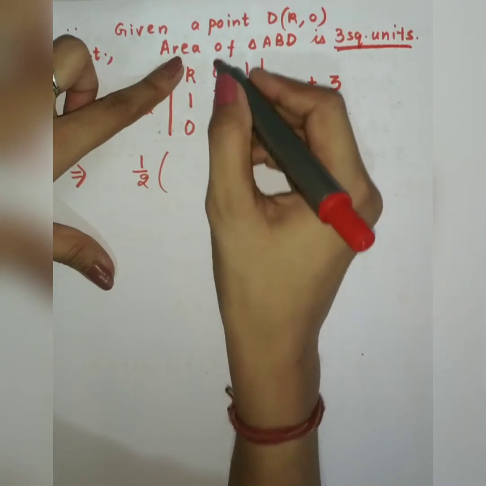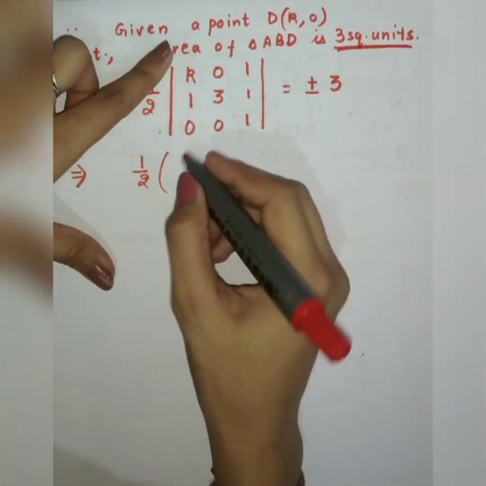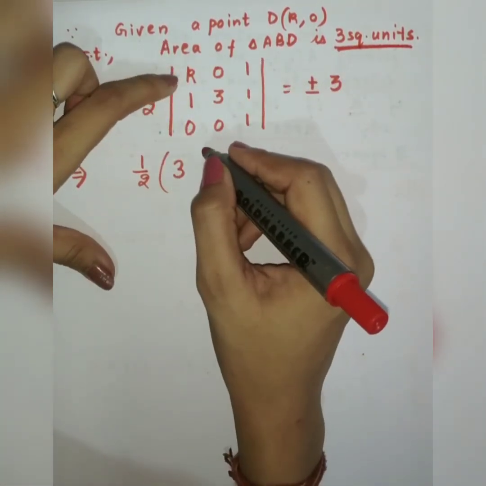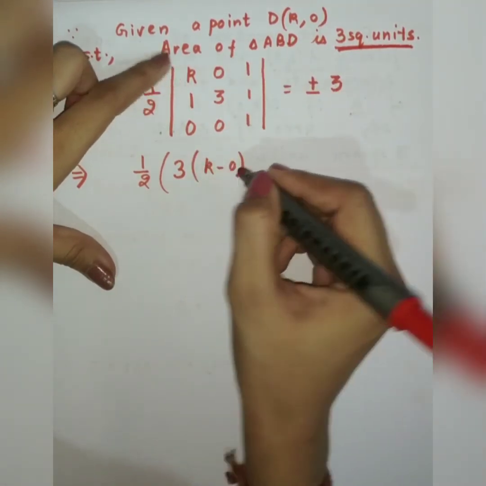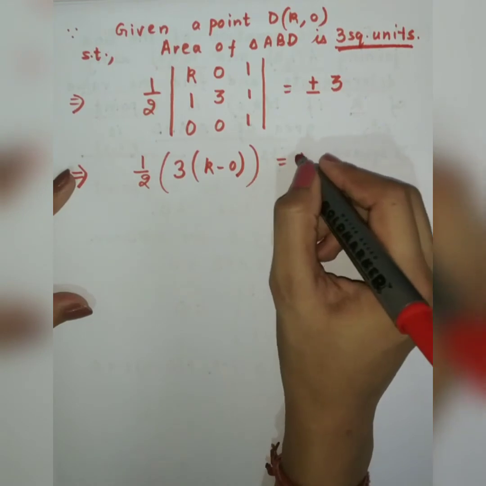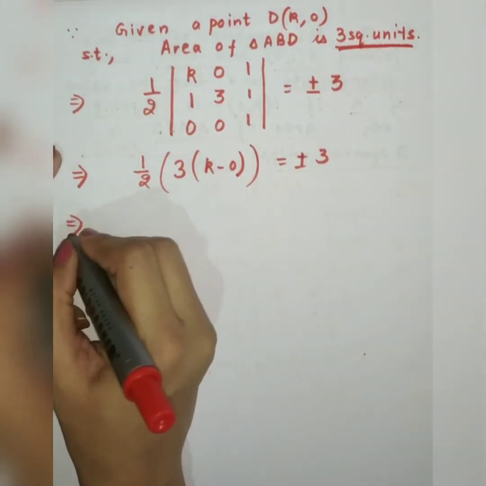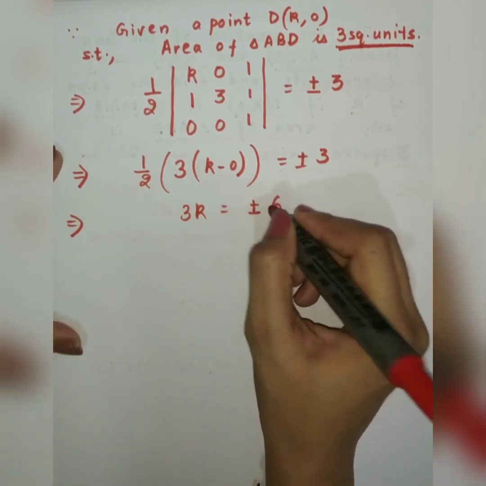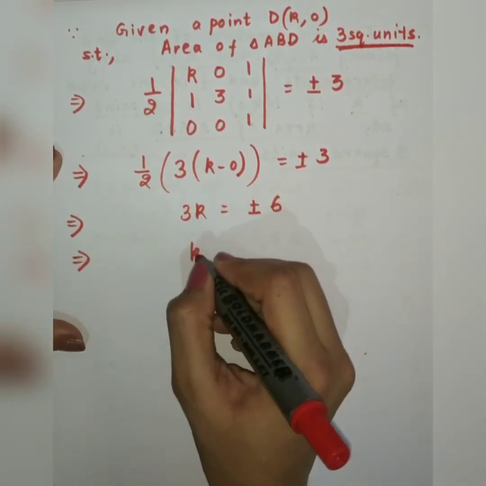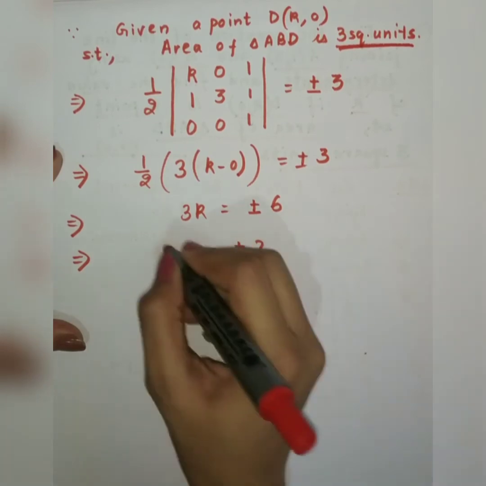So this is 3 into k minus 0, which equals plus minus 3. This implies 3k is equal to plus minus 6, which implies k is equal to plus minus 2.